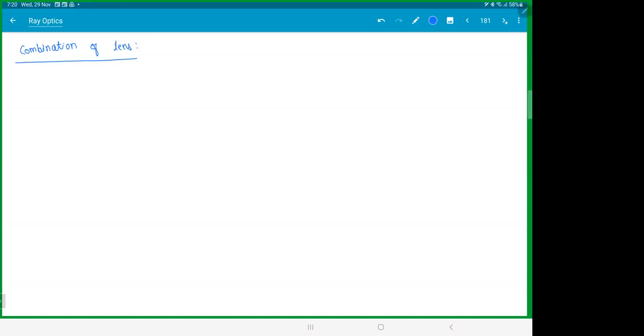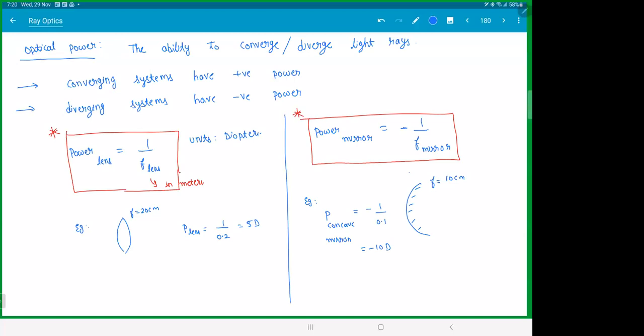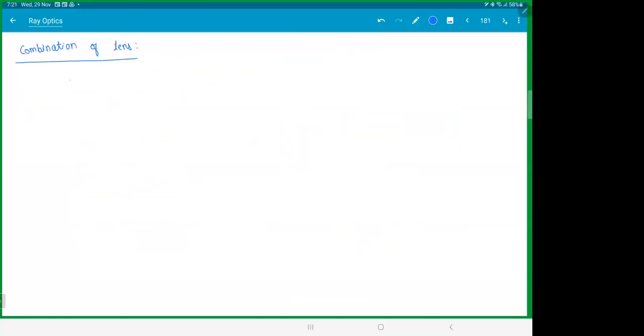So if you take multiple lenses, convex, convex mirror. Yeah, my mistake. So if you take lenses with focal lengths f1, f2, and so on till fn. So this is what we can do.